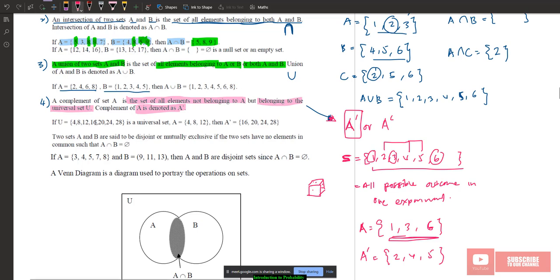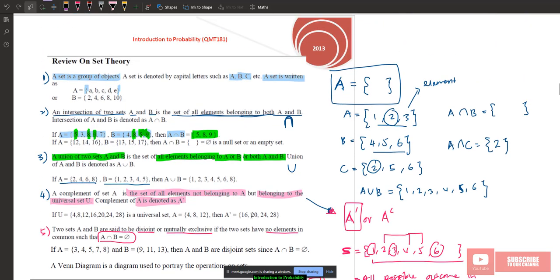And number 5, two sets A and B are said to be disjoint or mutually exclusive if the two sets have no element in common, such that A intersect B is the empty set. So if you look at these two sets A and B, set A has 1, 2 and 3, and set B has 4, 5 and 6.